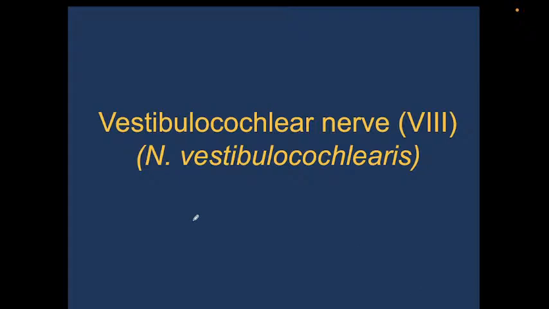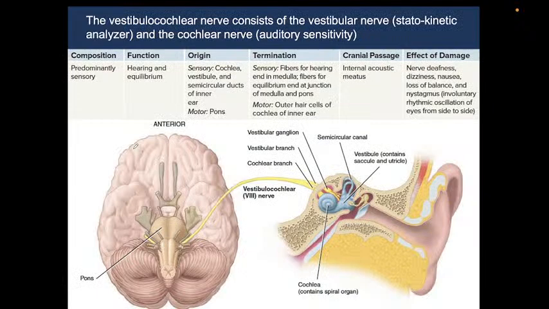This is when there are no tears and no lacrimation, and this patient will have dry eyes on the damaged side. The next nerve we will discuss in our lecture is the vestibulocochlear nerve, or cranial nerve number 8. This nerve consists of two parts, and the first part is visible here. This is the first part, and we call it the cochlear nerve.